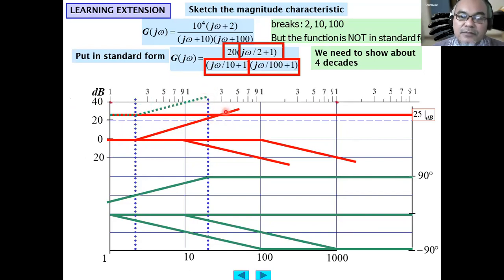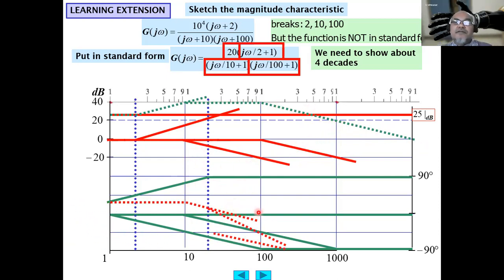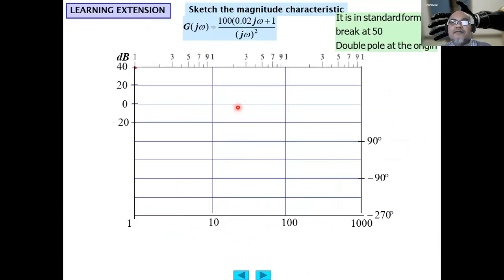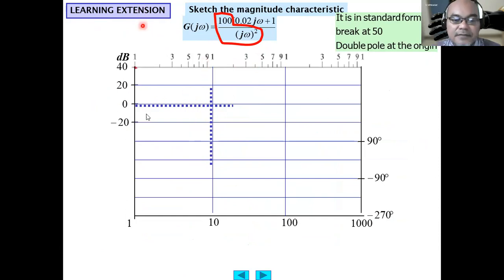After which this compensates with this one and becomes 0, so this is just flat. After that, it decreases by minus 20 decibel per decade. The phase angle similarly, we can do a similar addition for the composite, and from there we can draw the composite phase. Okay, this is another example actually.